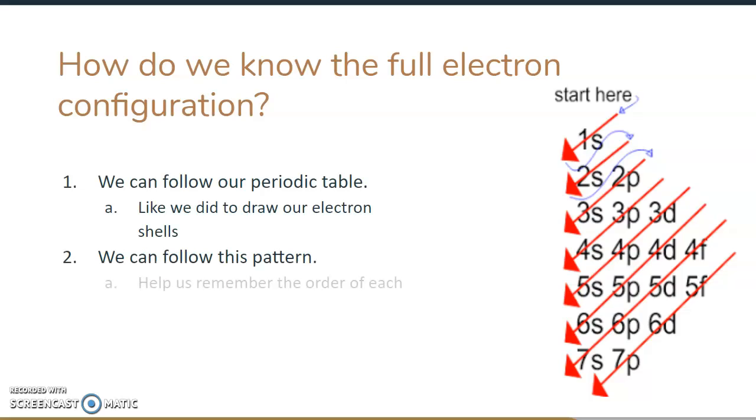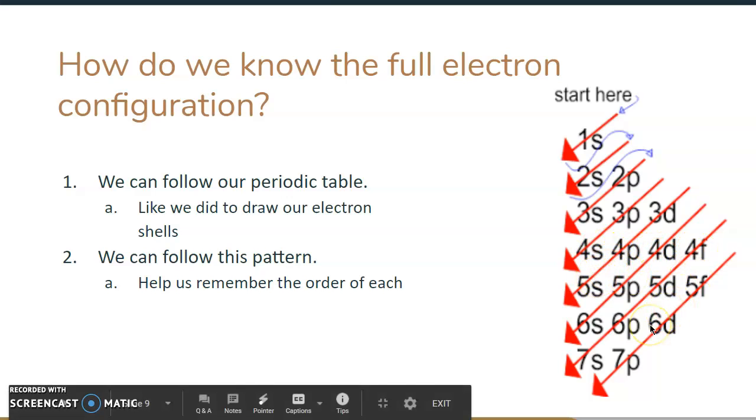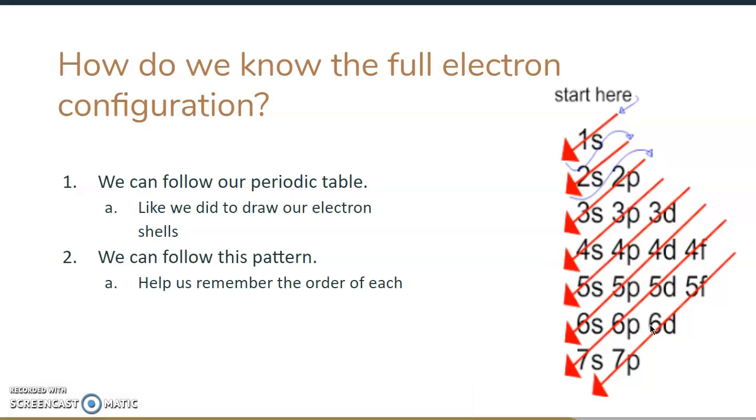Another way to do it, besides following our periodic table just like we just did, is to follow this pattern on the side. If we make a little chart with our 1s, 2s, 2p, 3s, 3p, 3d, 4s, 4p, 4d, 4f, and so on, it can help us remember which ones are tricky.